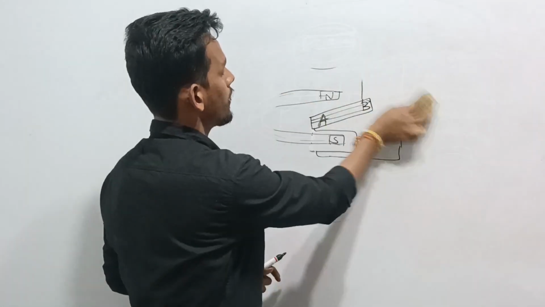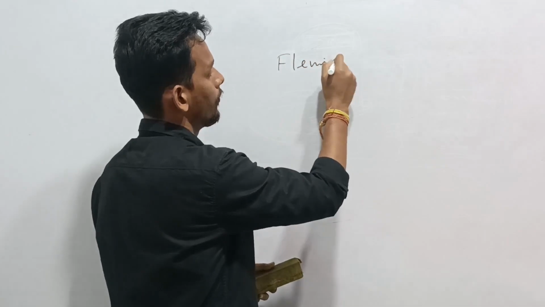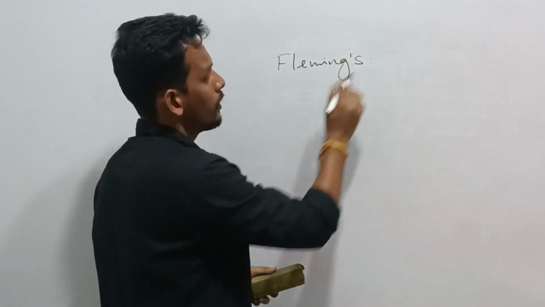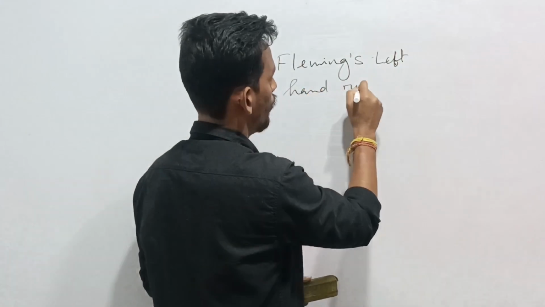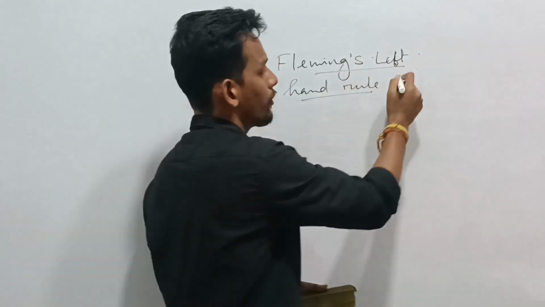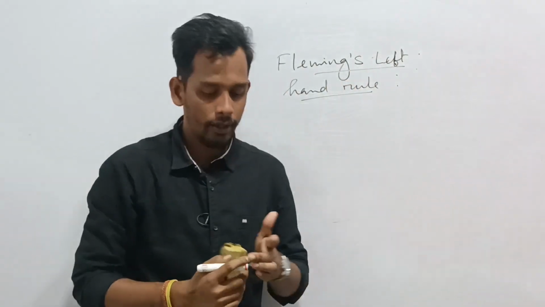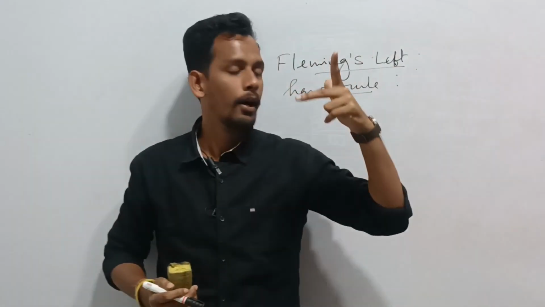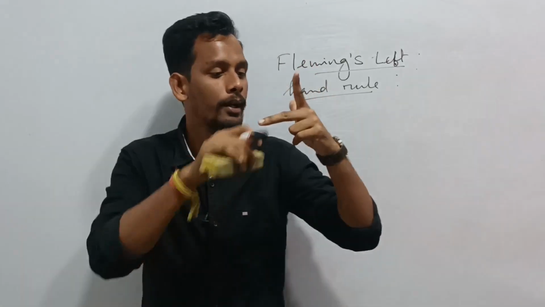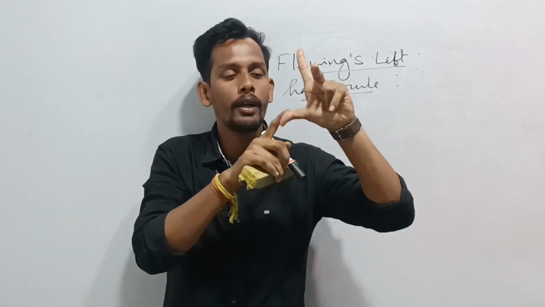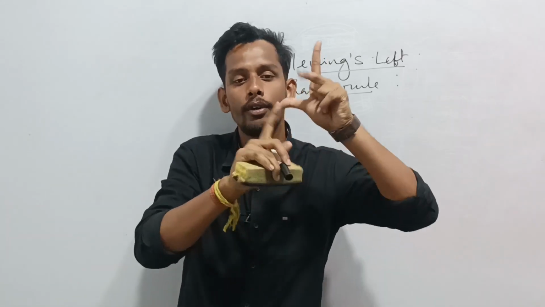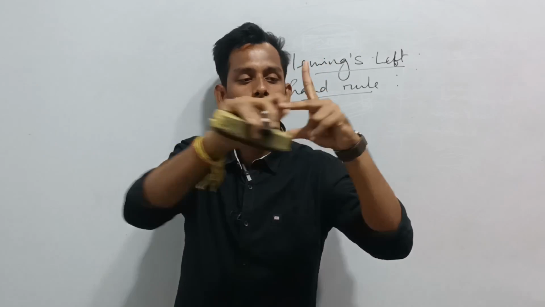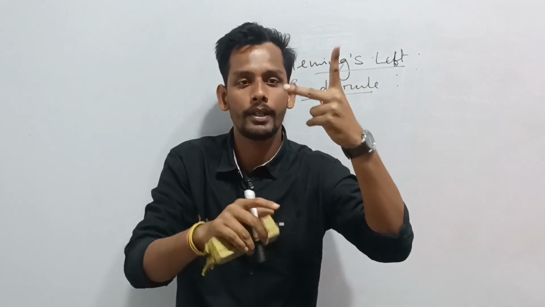This direction was stated by a scientist named Fleming, and it is known as Fleming's left hand rule. So what is Fleming's left hand rule? Take the first three fingers of your left hand and place them like this. These two fingers are perpendicular to each other. Now hold your middle finger also in a perpendicular direction, so all three fingers are perpendicular to each other.